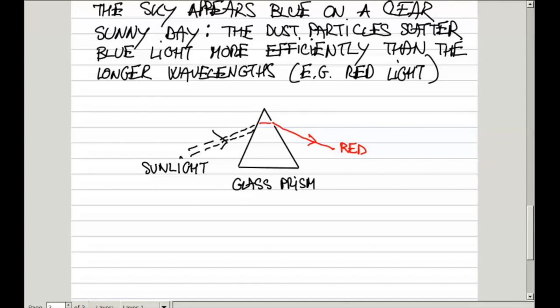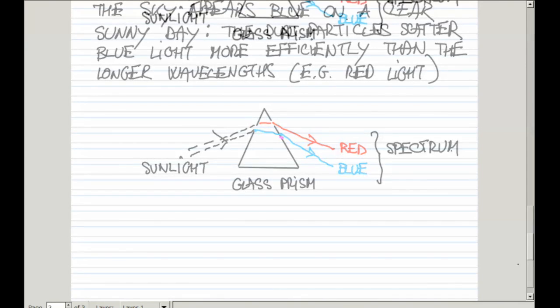Red will get bent by a certain amount, and the blue component turns out to get bent much more. So using this prism, we can resolve the sunlight into different components, different colors, in a so-called spectrum.